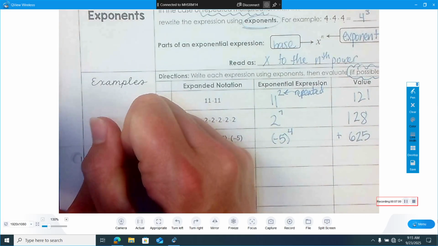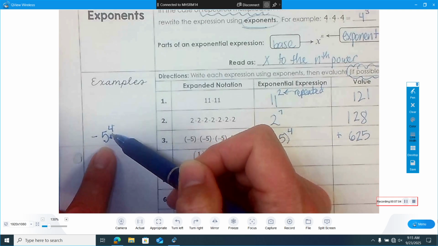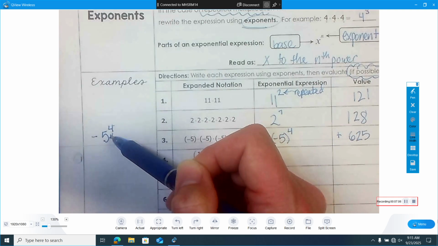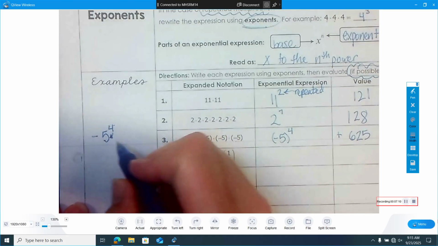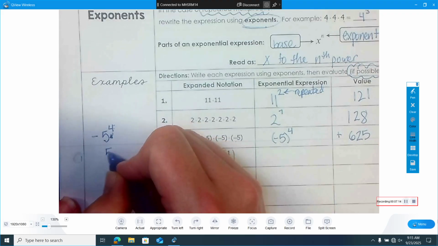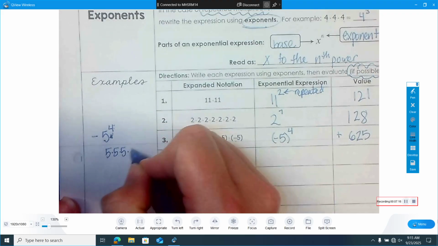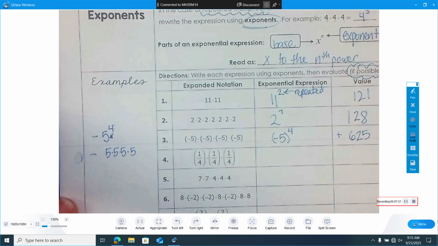Just the 5, it turns out. That exponent is closest to only the 5. That negative is hanging out in front. So the 4 is saying repeat the 5 4 times, and that negative is just coming along for the ride.